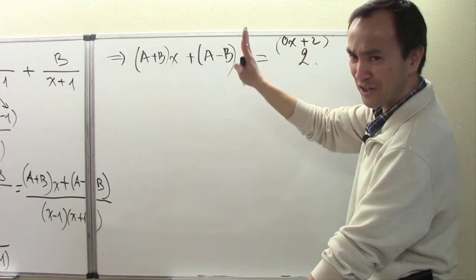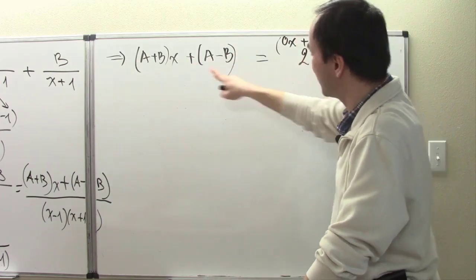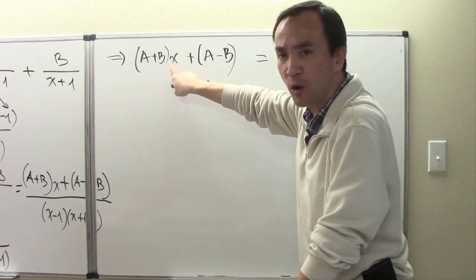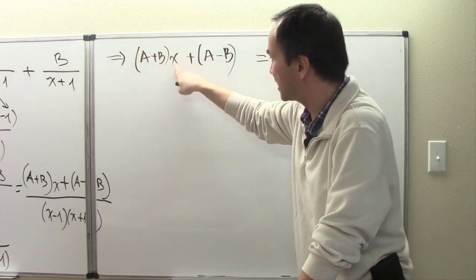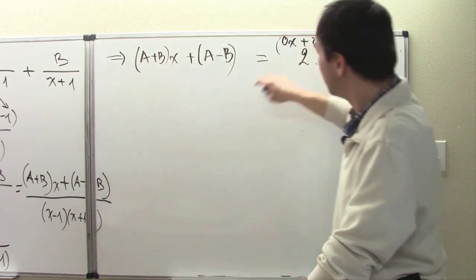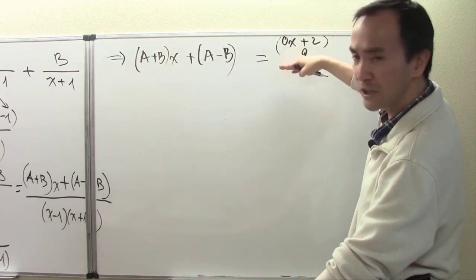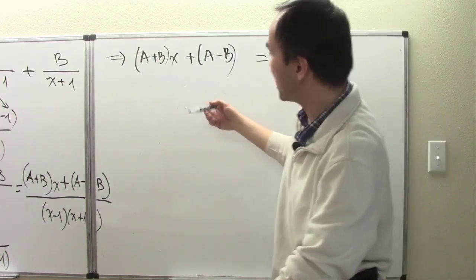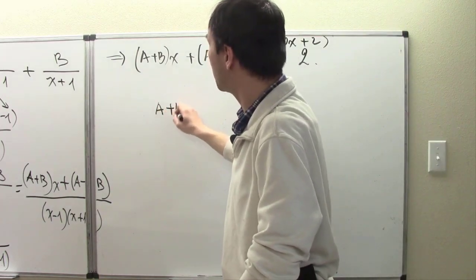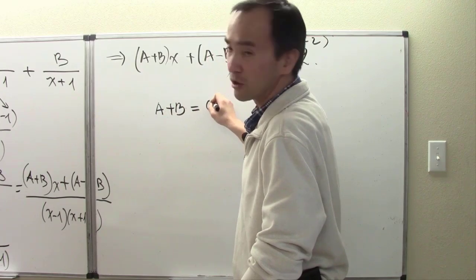Why am I matching those coefficients? Because they're all going with the x term. For the left-hand side polynomial, the x term has coefficient a plus b, but the x term on my right-hand side polynomial has a 0 coefficient. So matching means I need a plus b to equal 0.